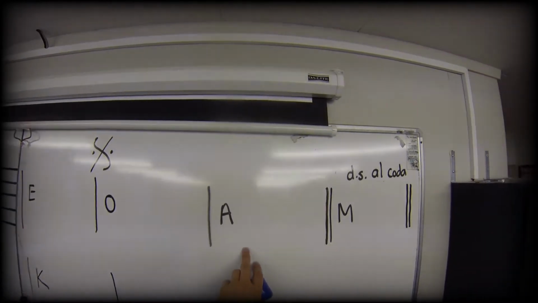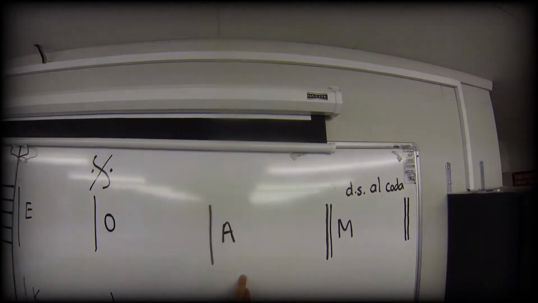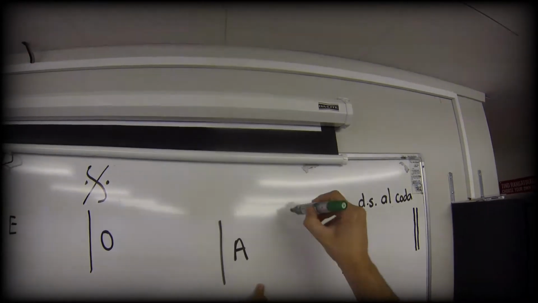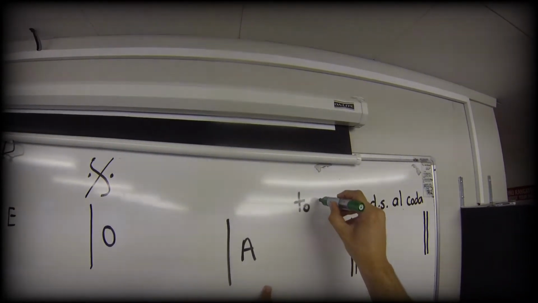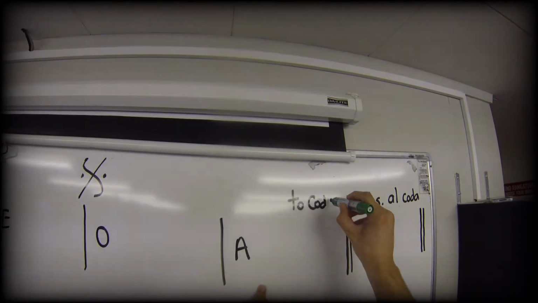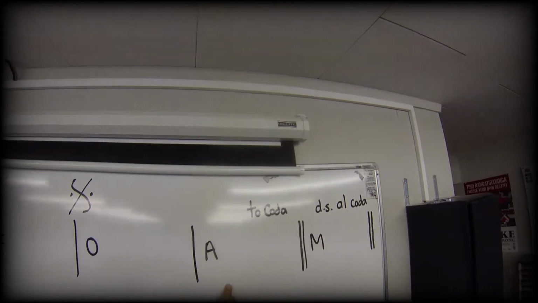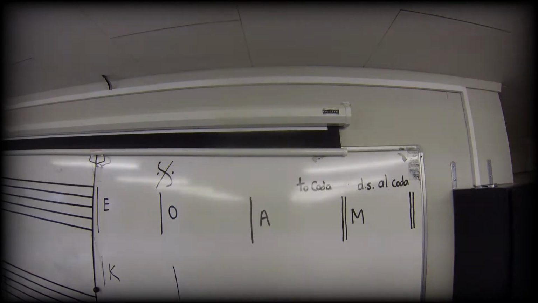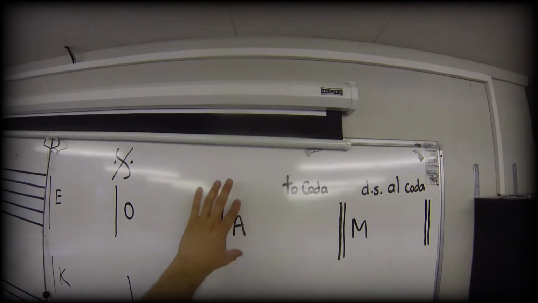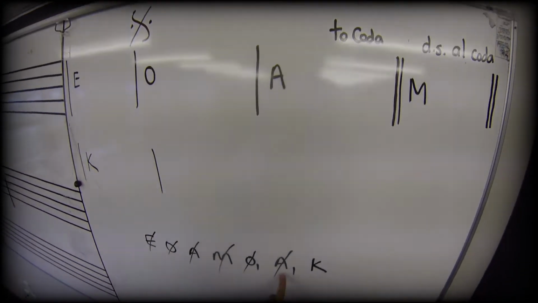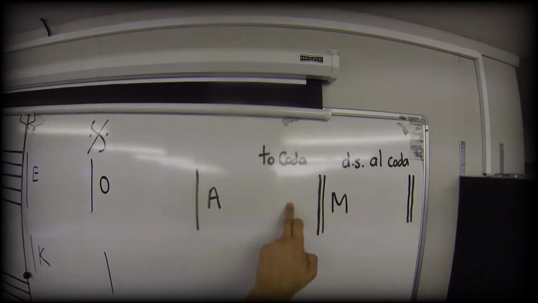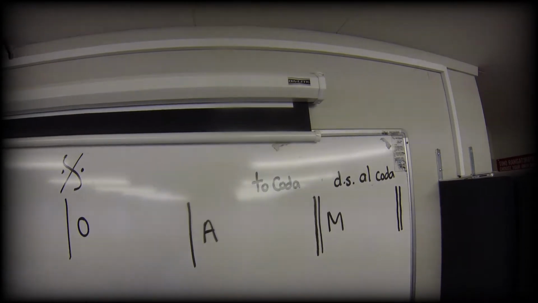And we need an instruction to go to the coda. And for some reason, we use English now and we say to coda. So while they're playing bar A1, they're instructed to go to the coda.